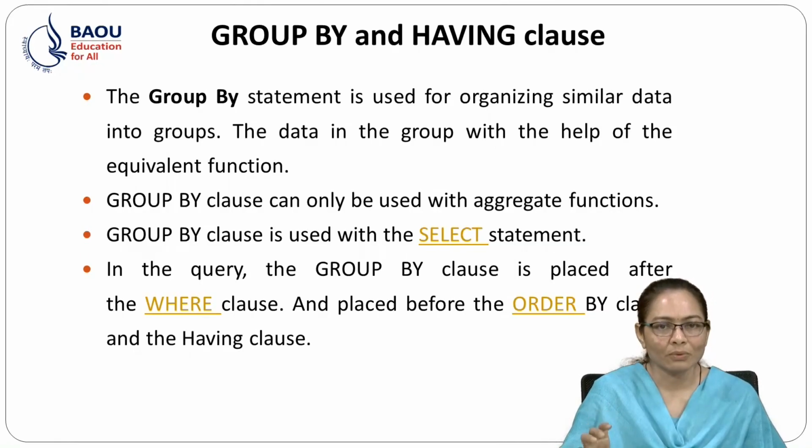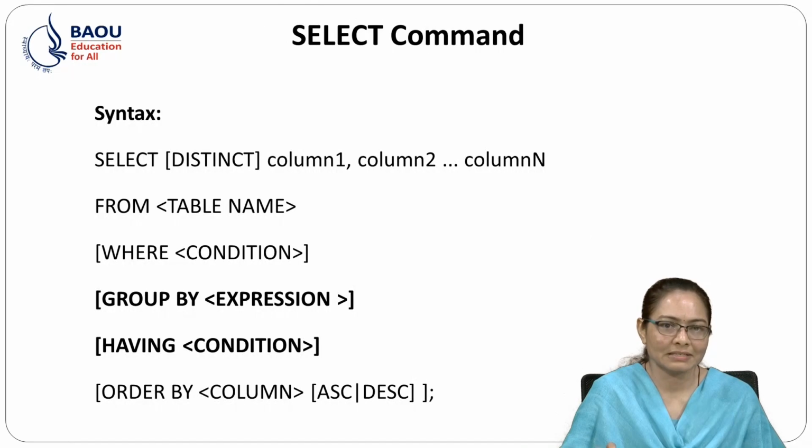The group by clause is used with the select statement. In the query, the group by clause is placed after the where clause, as we already saw in the syntax of the select statement in the previous slide. The group by clause is placed after the where clause and before the order by clause.